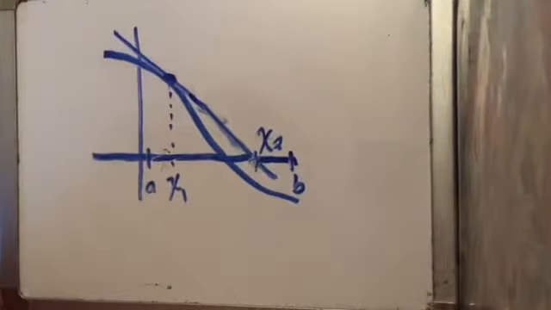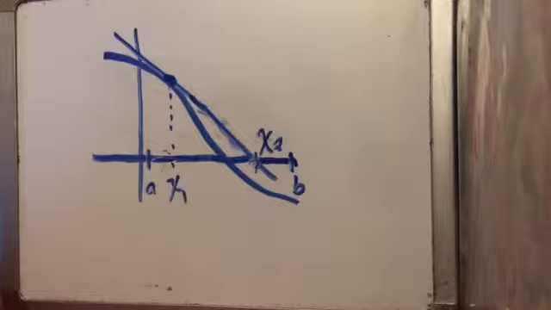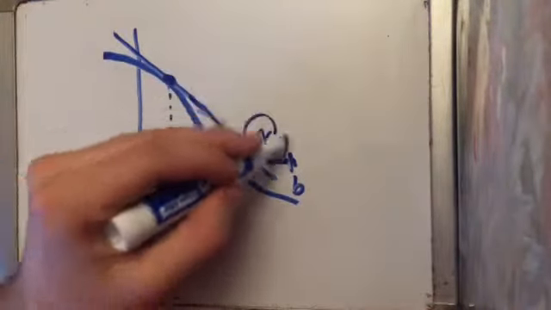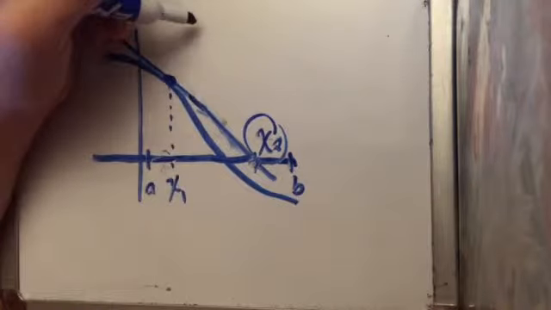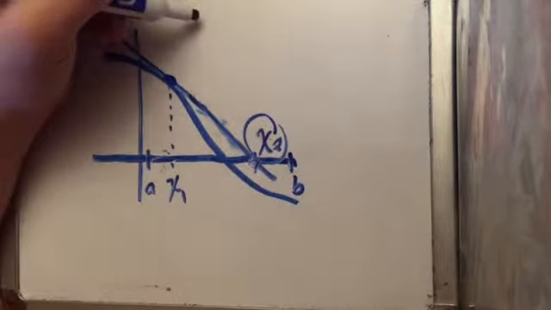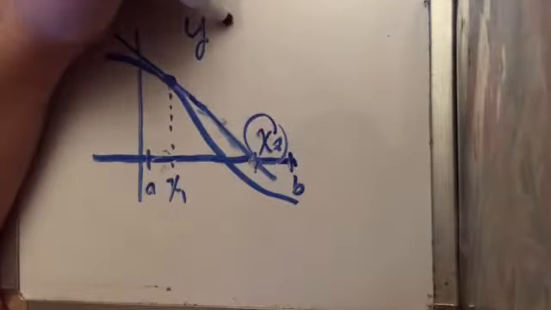Using the tangent line's equation in point-slope form, we can solve for the x-intercept that we're trying to find, x2.